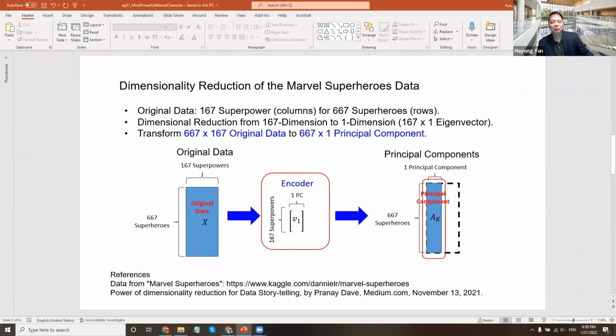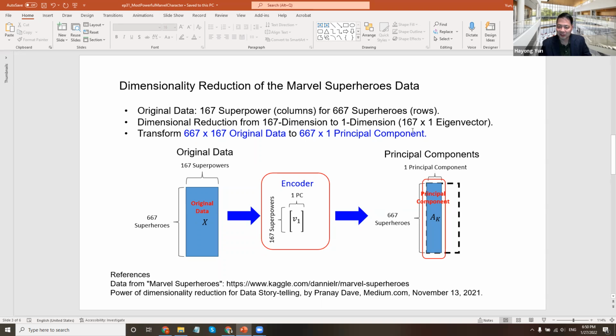So how we're going to do it is that we have the original data of 167 superpower columns, and we have 667 superheroes, the Marvel characters, in rows. Okay, so we can think about it as an original data of 167 columns and 667 observations. We use an encoder. In this particular case, we'll just shrink it down to one dimension. So dimensional reduction from 167 dimensions to one dimension.